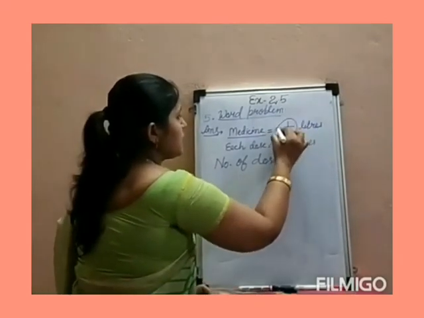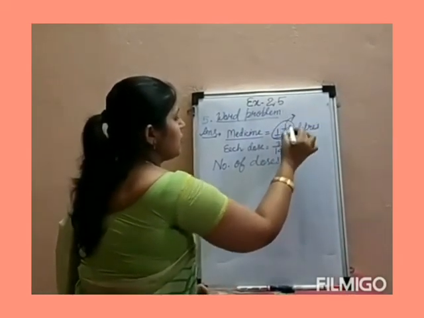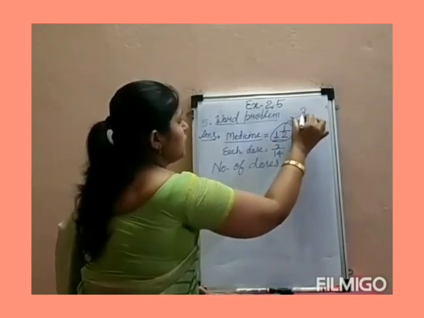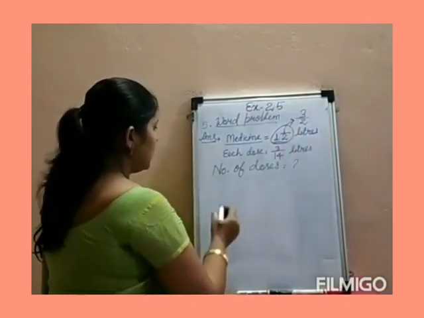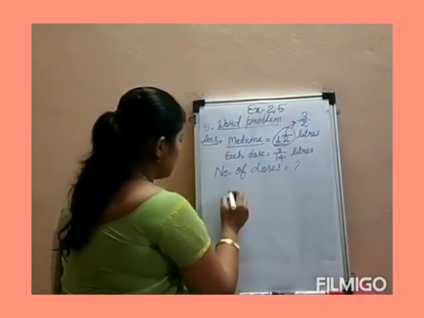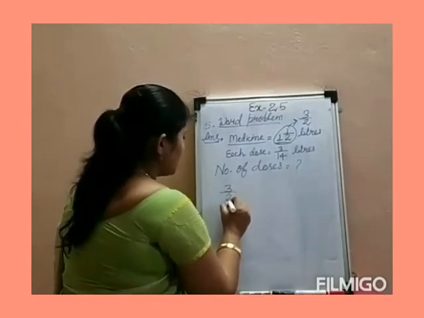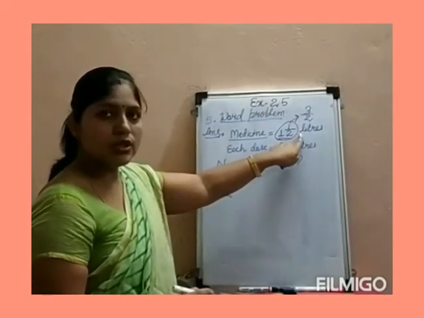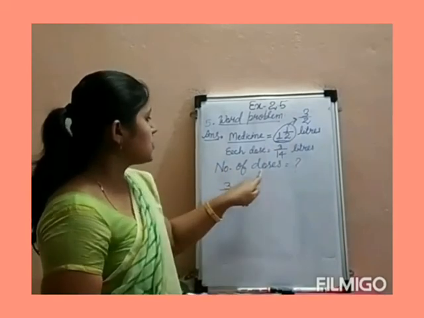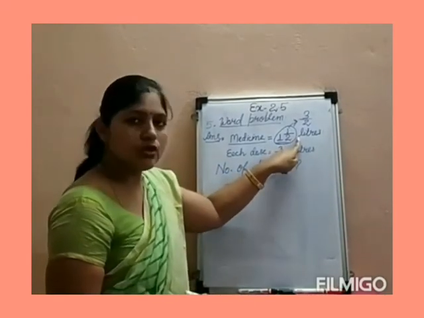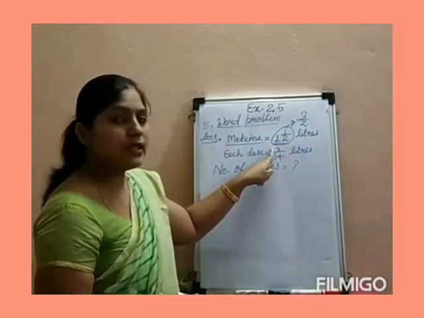This is a mixed fraction. So the improper fraction will be 2 ones are 2, 3 upon 2 liter. Number of doses is equals to total quantity of medicine divided by each dose.